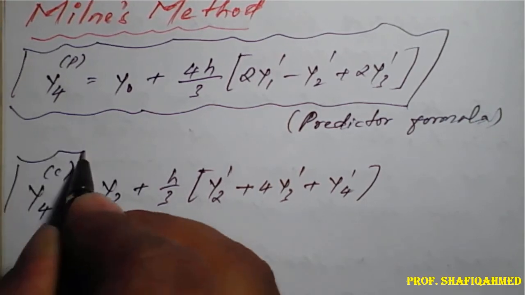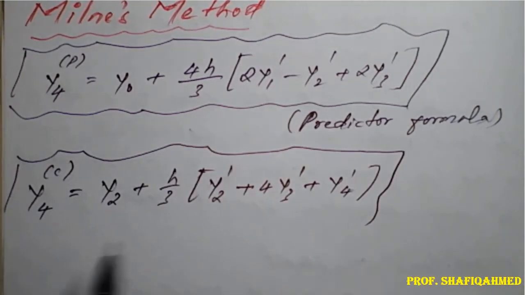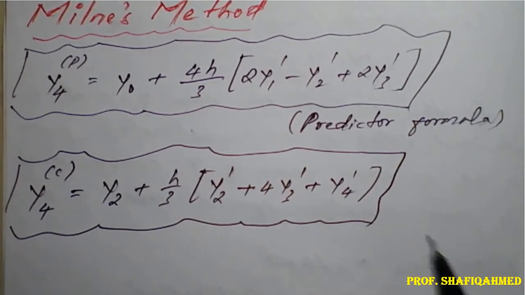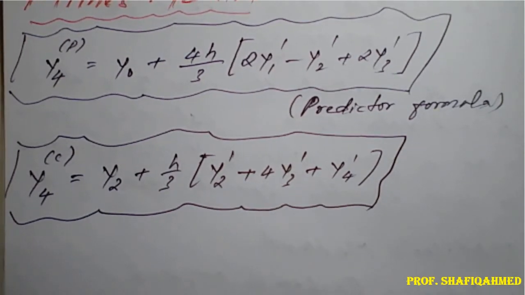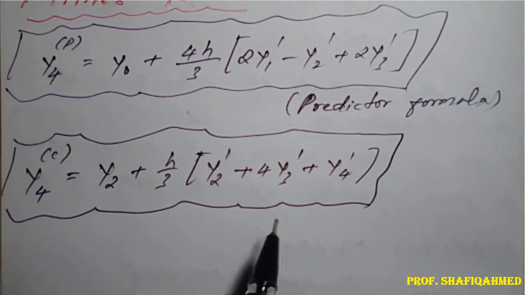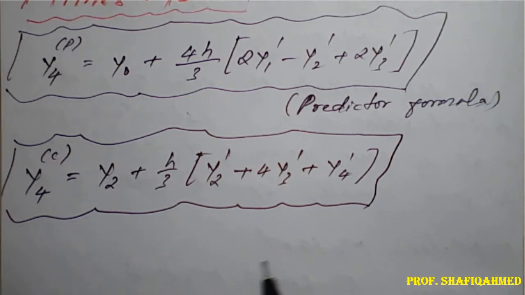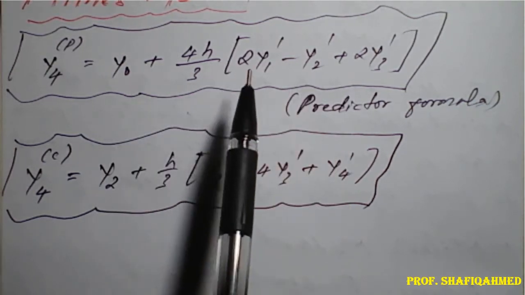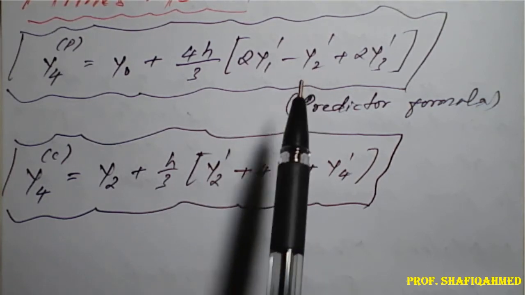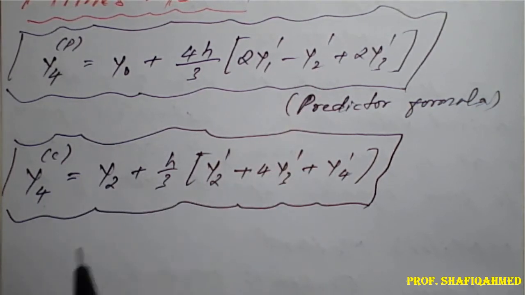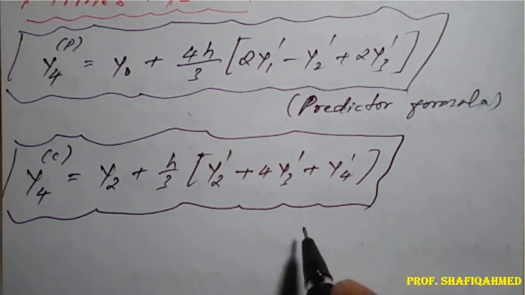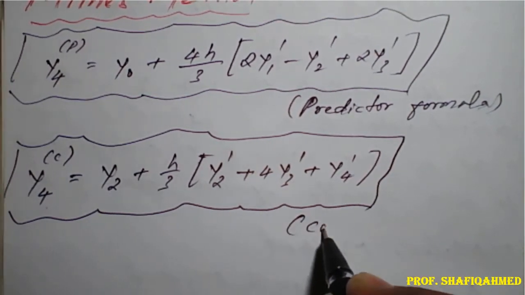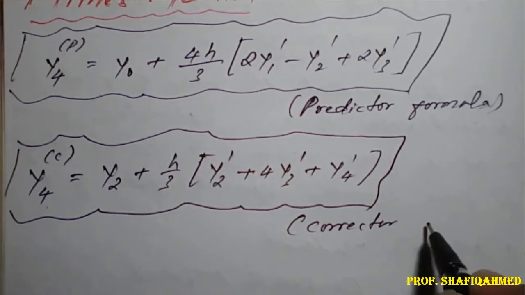This is the corrector formula, and we need to use it up to the accuracy level, repeating it twice or thrice. We get one predicted value from the predictor formula, and by using the corrector formula we correct it twice or thrice until we get the required accuracy. This is the corrector formula.